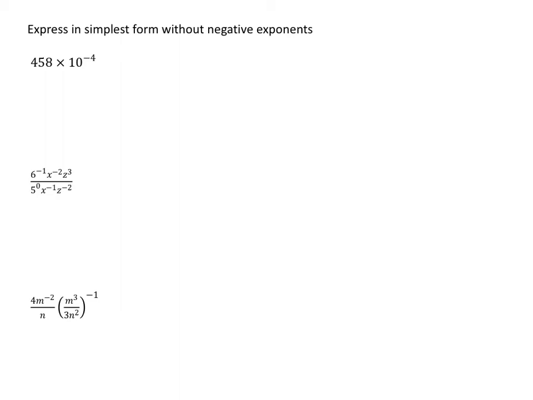So we will start with expressing in simplest form with no negative exponents. So we have 458 times 10 to the negative 4th, so that's 1 over 10 to the 4th power. That means a 1 with 4 zeros.